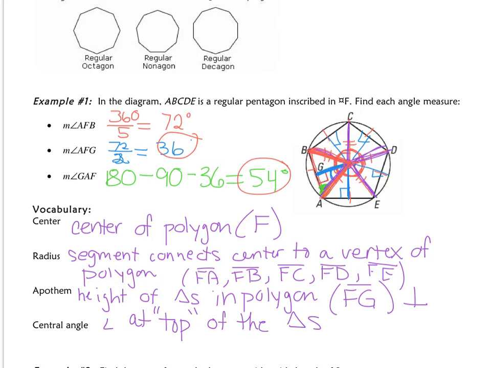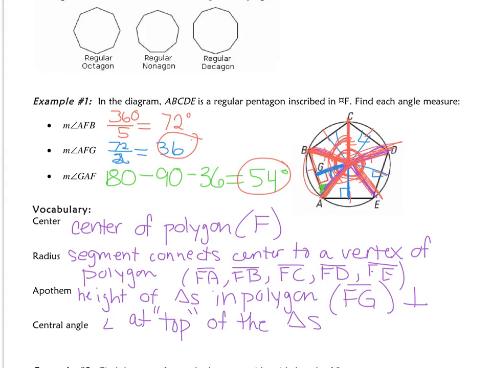So it goes to points on the circle. Remember we talked about central angles last chapter. It's formed with the center of the circle, and then its endpoints are on the circle. So we have that central angle, this central angle, from F to D, from F to E. These angles up here would all be central angles.